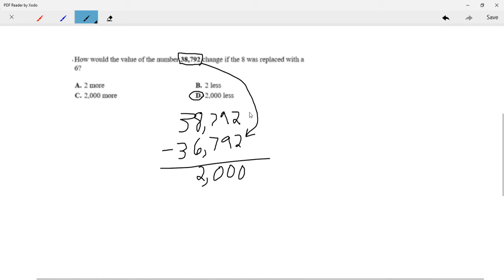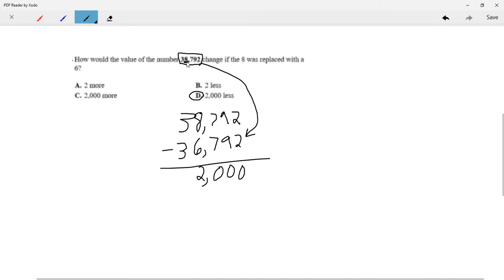So it's 2,000 less. Now, one way to think about this is you can do these subtraction problems, or you can just figure out what place value the 8 is. I know that it's in the thousands, right? It's the ones, tens, hundreds, thousands, then 10,000s.